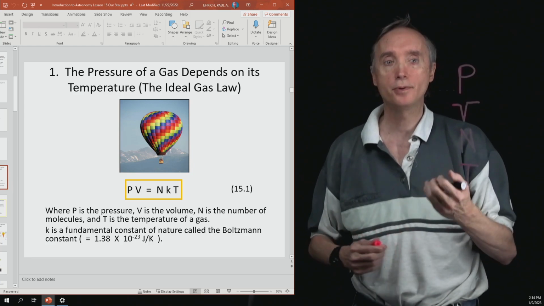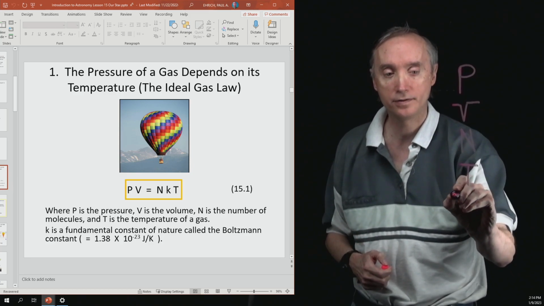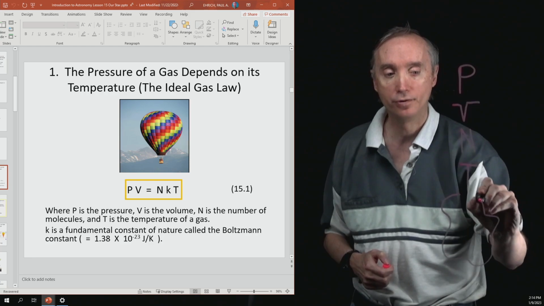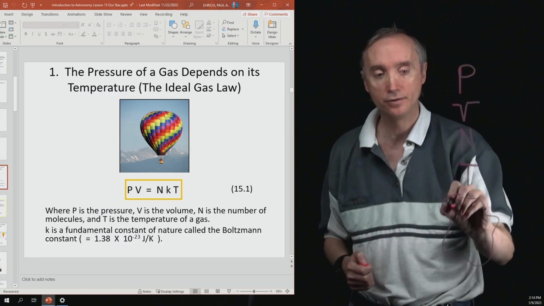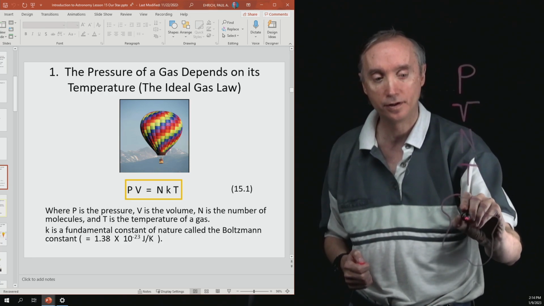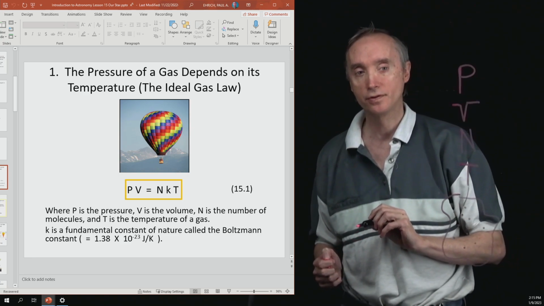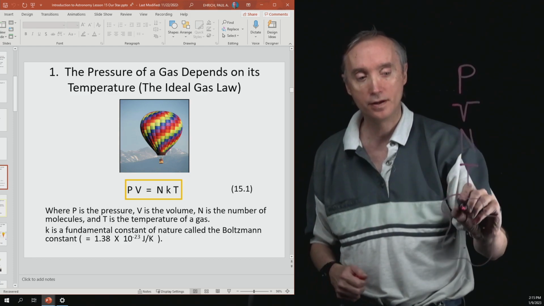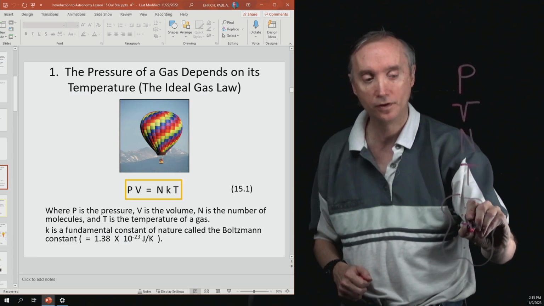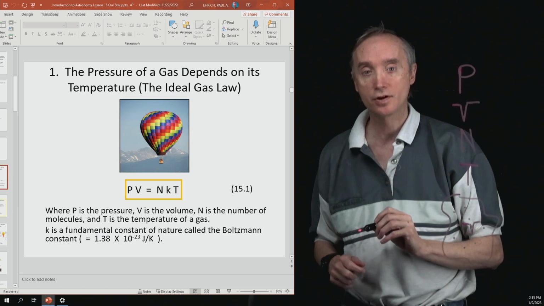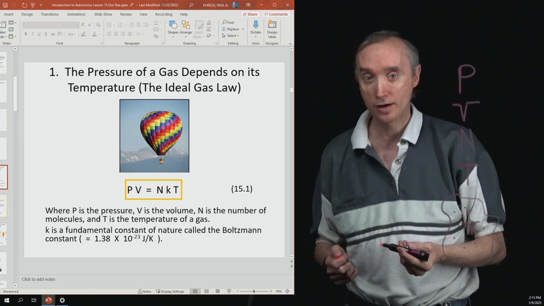Let's draw a picture then of a typical cloud. This typical cloud is going to have inside of it a certain number of gas molecules, so that's going to be the N. Then it's also going to have a certain volume V, and it's also going to be under a certain amount of pressure.